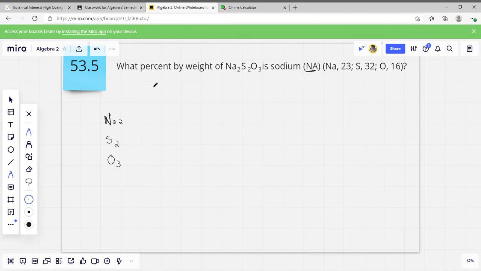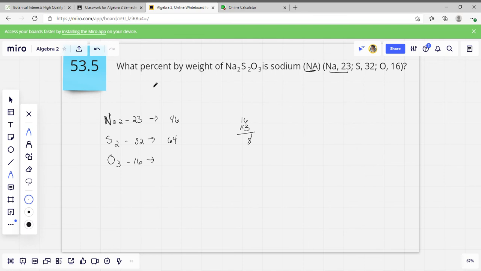Alright, so I've got my Na2S2O3. My Na, which is sodium, is 23. Its weight's 23. My S is 32. And my O is 16. So I need to multiply these to get my total weights here. So if I've got 2 of those, that would be 46. And I have 2 of those, that would be 64. And I have 3 of those.